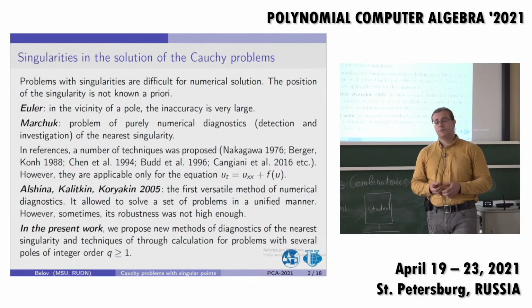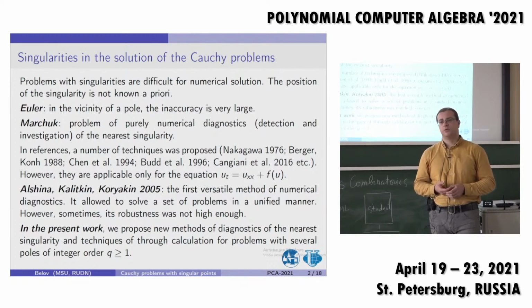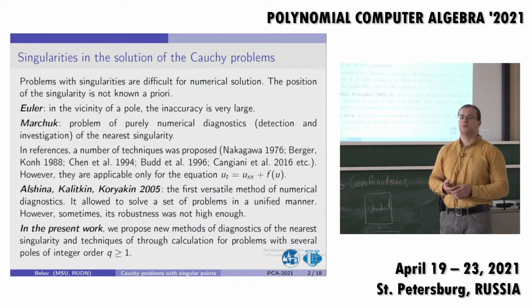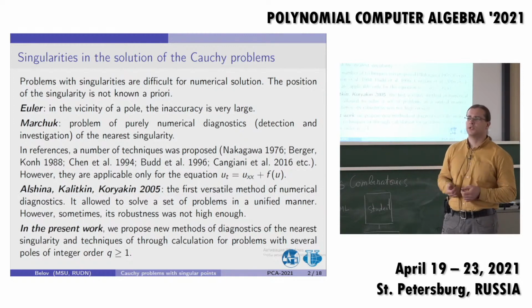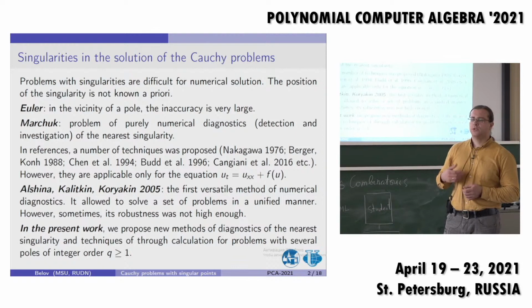In the present work, we propose new techniques of numerical investigation for singularities in the solution of ODE. They are more robust and simple than the ones known before. Also, we consider the problem of solution of a Cauchy problem with not a single pole, but a sequence of poles of integer order.